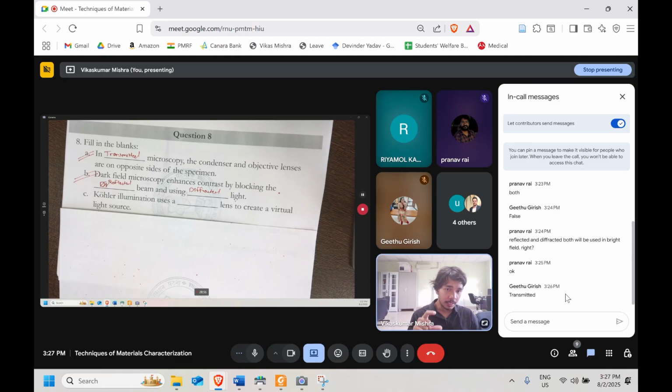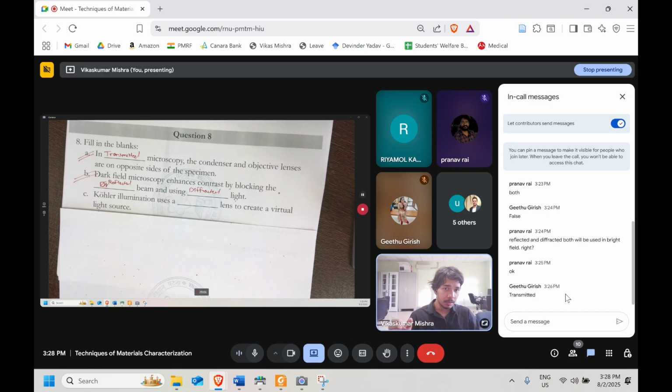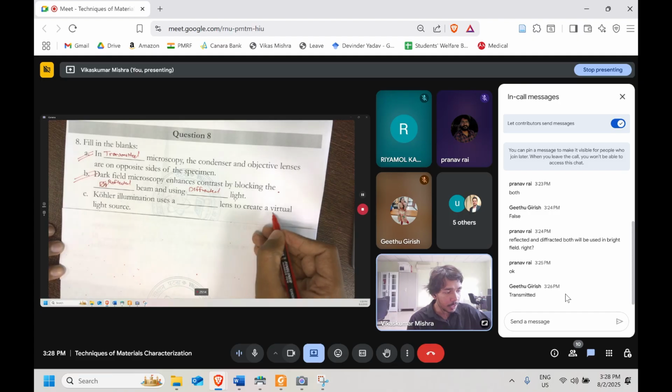The converter lens is placed in front of the light from which we are illuminating the specimen, and it will convert the entire thing to a single point. So it is going to create a virtual light source.